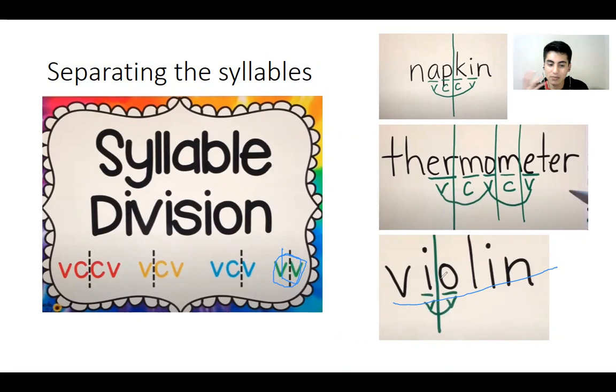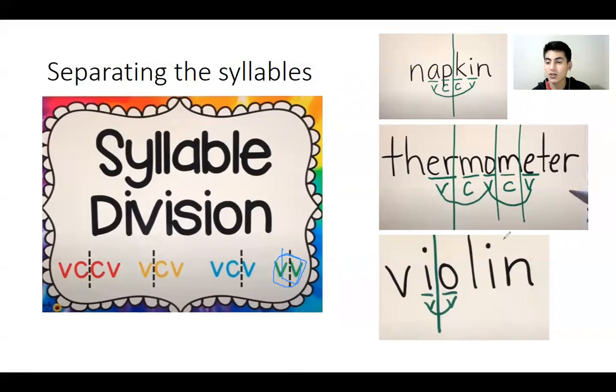We pronounce it like by-o-lin. As you can see, even though the vowels are together, the rule about the first one and the second one staying silent does not apply.